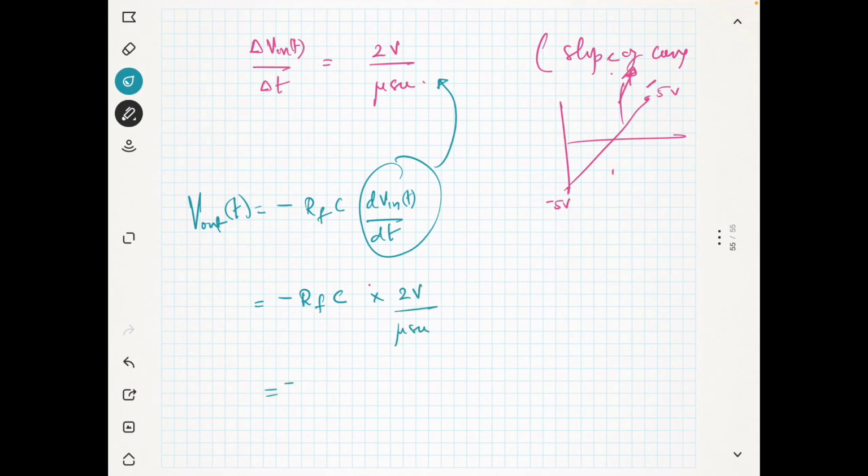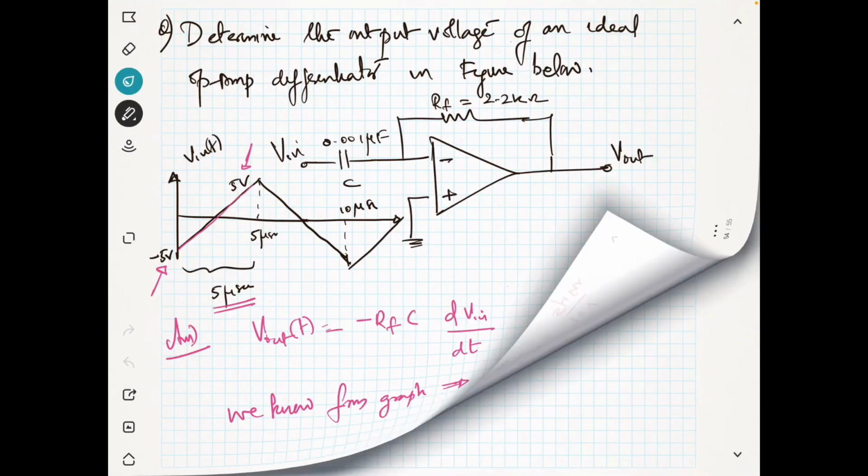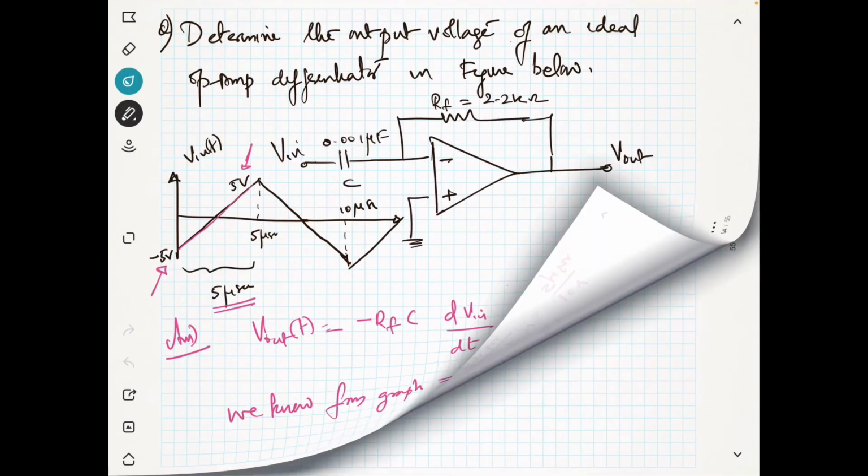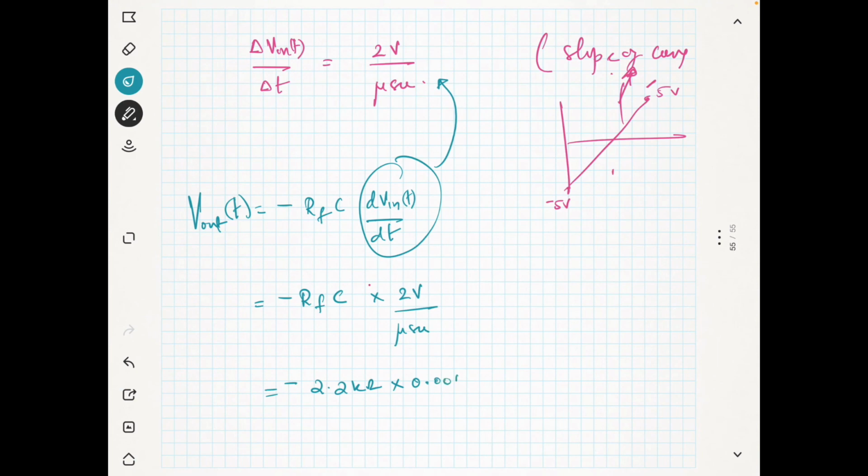Rf, you know, is 2.2 kilo ohm. So minus 2.2 kilo ohm multiplied with C. What is C? C is 0.001 microfarad, and into 2 volt per microsecond.